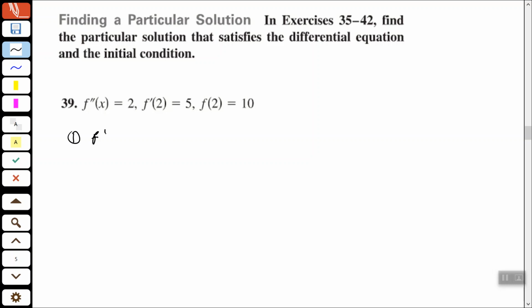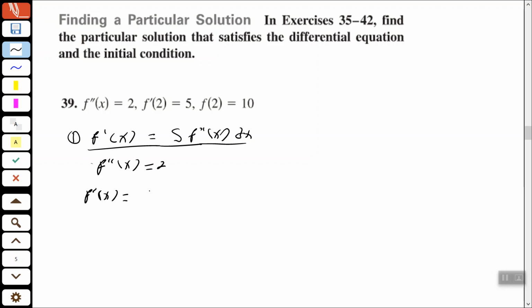So the first thing we need to do is find f prime of x. And we know that f prime of x is equal to the antiderivative of f double prime of x dx. So since we know that f double prime of x is equal to 2, then we know that f prime of x is equal to the antiderivative of 2 dx.